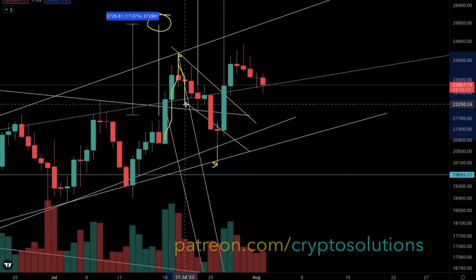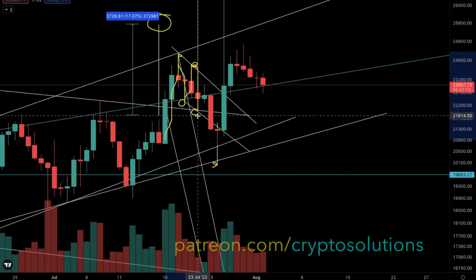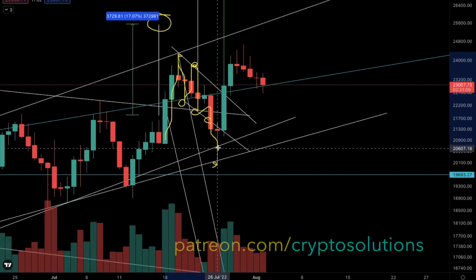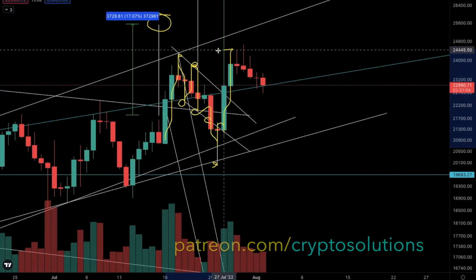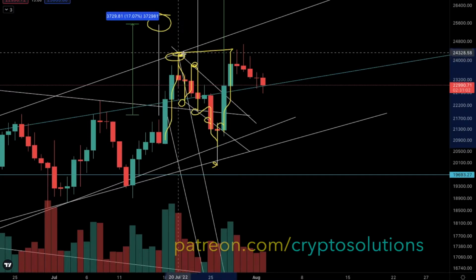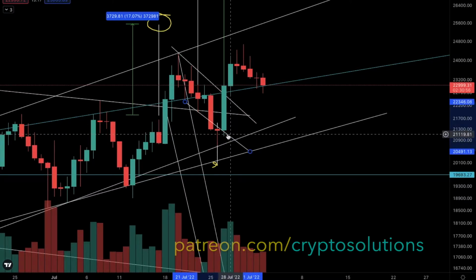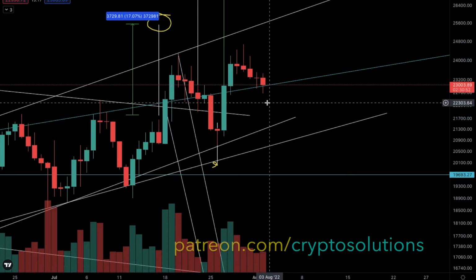You see right here, resistance, you got the support here, again a resistance, you got support again here, and boom, fake out to the downside, and then boom, completed the price target of this descending wedge right here, exactly there to the dollar.